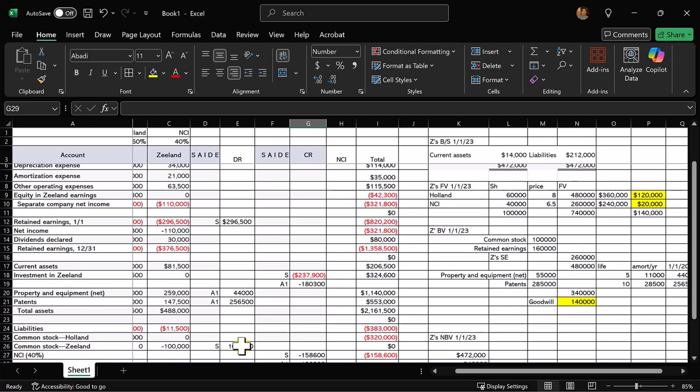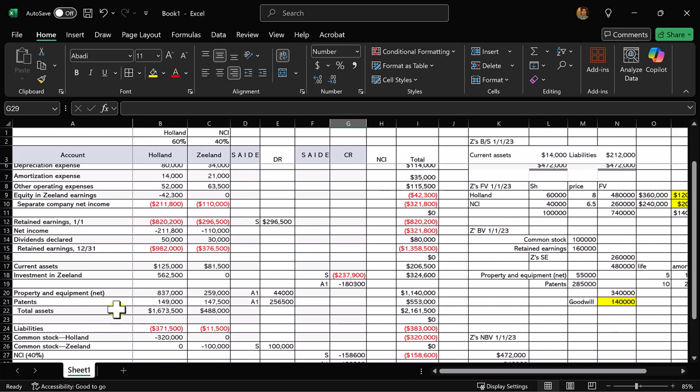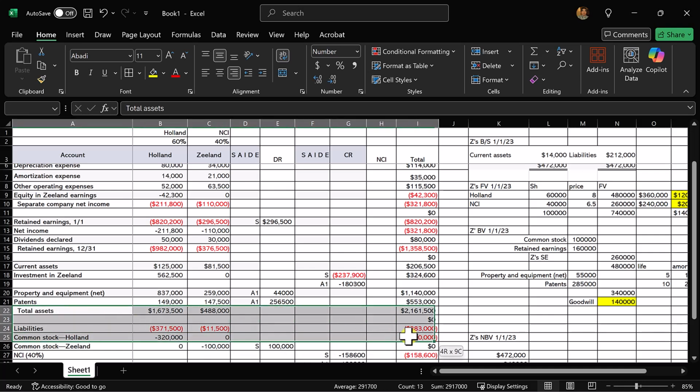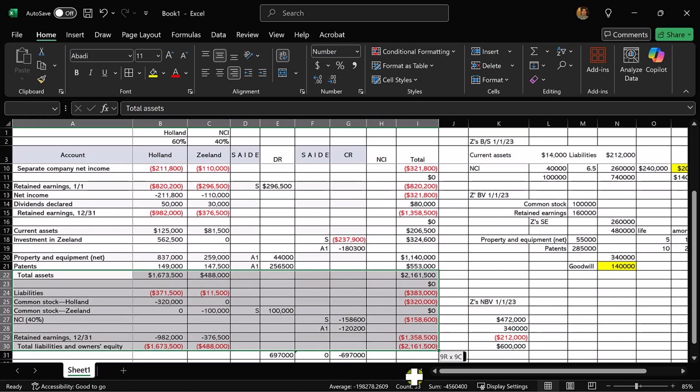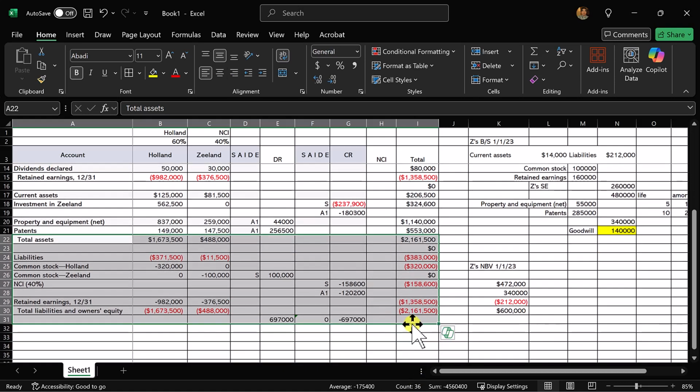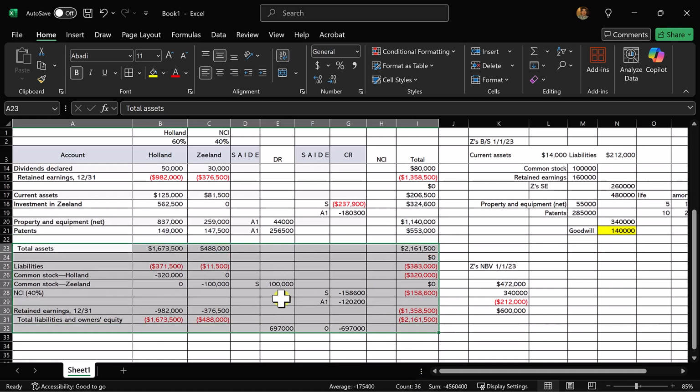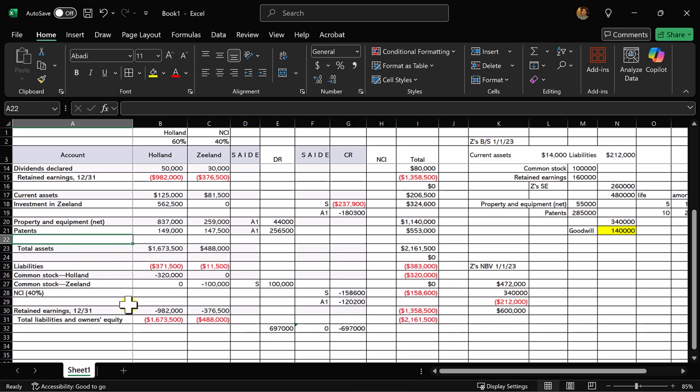So that's a new asset. Not here, right? So let's make some room for that asset. So adding another row. And goodwill assets are recorded with debits.